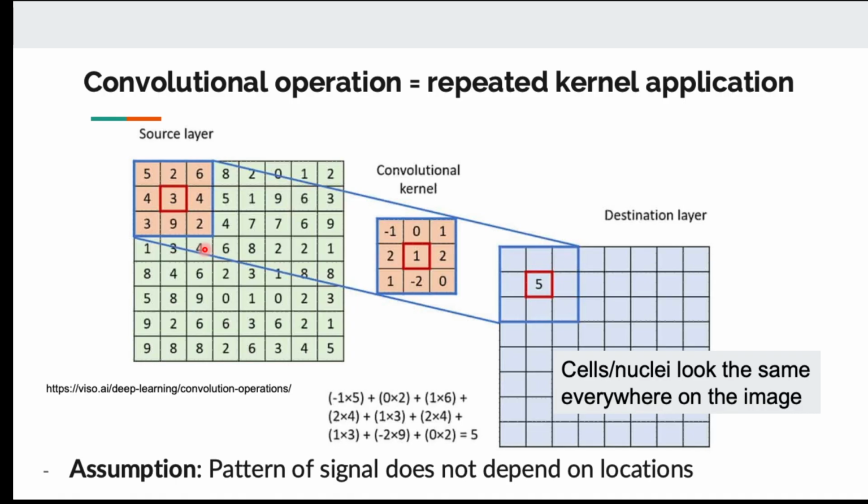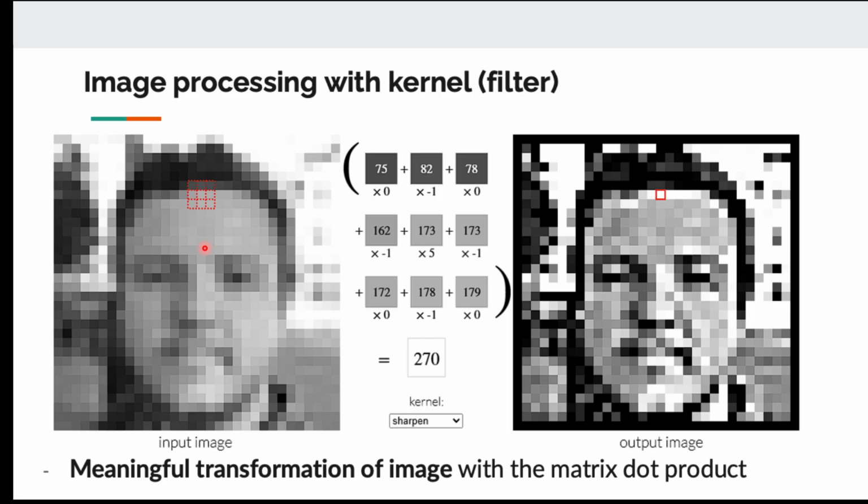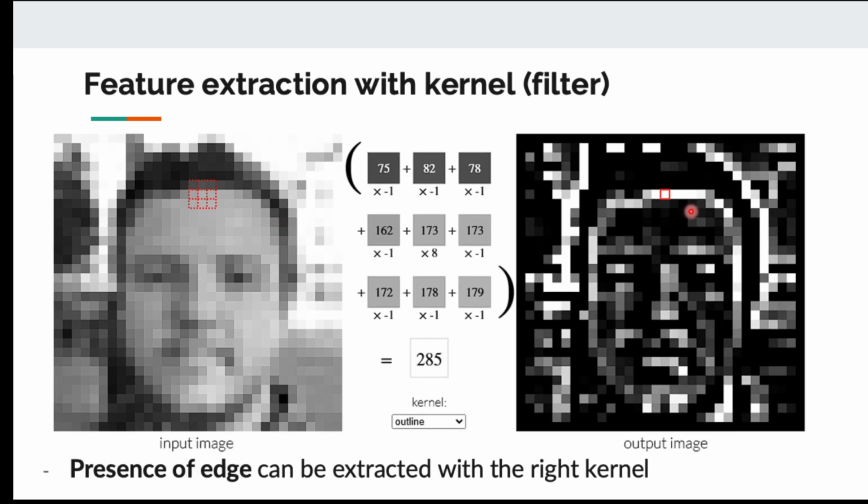But the problem is, we mentioned that there are two kernels that you now know work well for sharpening and for identifying the outlines in the image. But how would you know which numbers are good to identify the nucleus? How would you know which numbers are good to quantify protein expression? It's impossible for a human to come up with such good coefficients that work for those kinds of tasks.